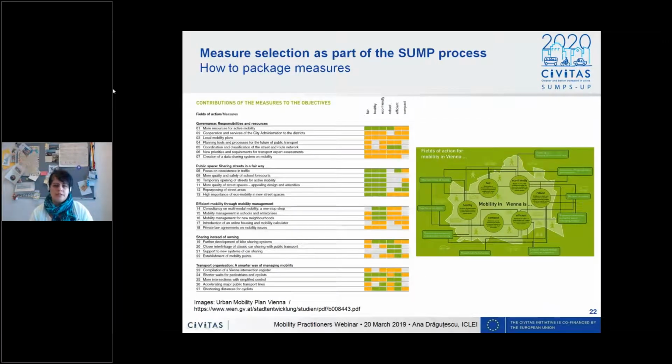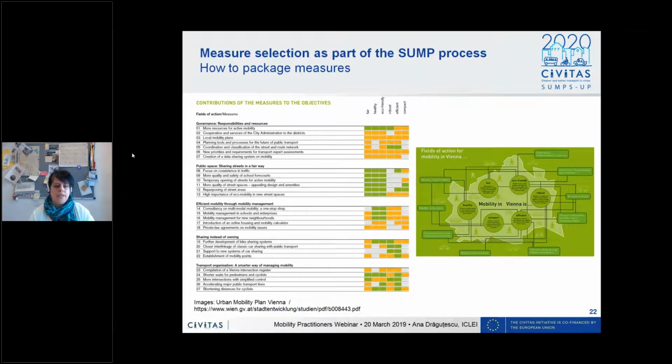Just a couple of short examples for you to understand, again, from Vienna. So Vienna has listed a few, as you see in the right part, fields of actions for mobility, and they have 6 very important objectives, and the fields of actions connected to these objectives, and then the list of measures listed on the left side.